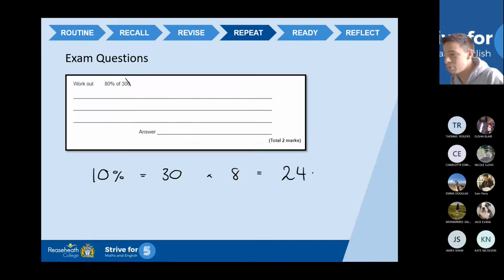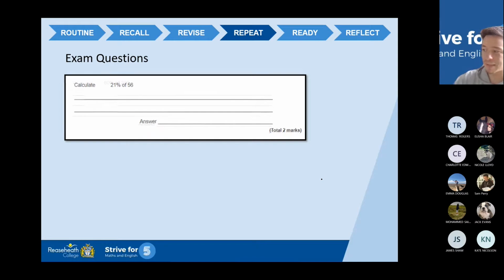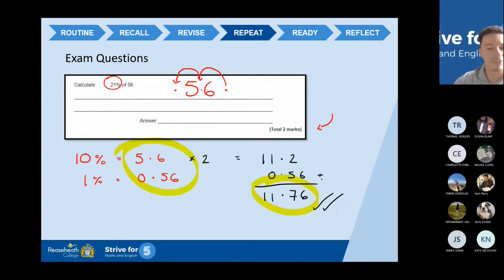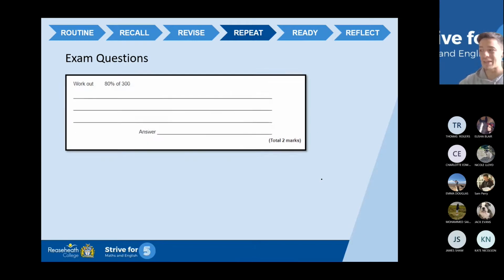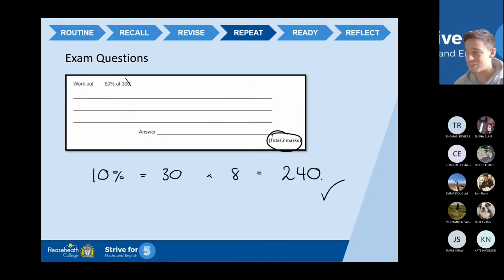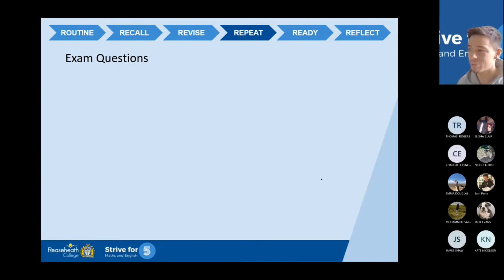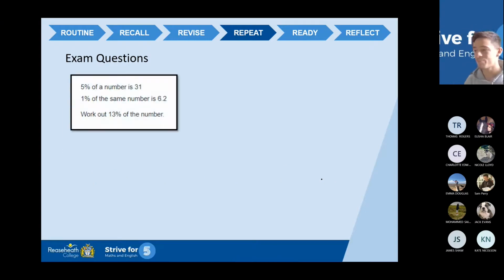Chuck on the 0, 240. So the reason why I think the one before would probably be on a calculator paper, look at the level of complexity compared to this, and it's both worth the same amount of marks. So I think this one is more likely to be on a non-calculator paper, but the one previously more likely to be on a calculator paper.